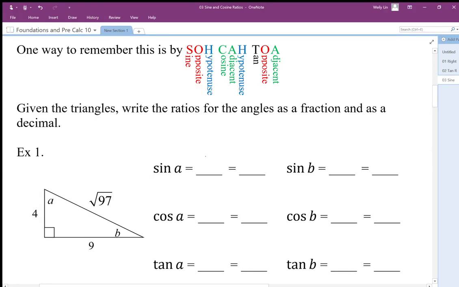The opposite side is length 9, and I'm going to compare that to the hypotenuse side, which is square root 97. And that as a fraction looks like this. Sometimes when we use our calculators, we're going to end up with decimals, so we should be aware that these can look like a decimal value as well. So I'm going to round this to 0.914.